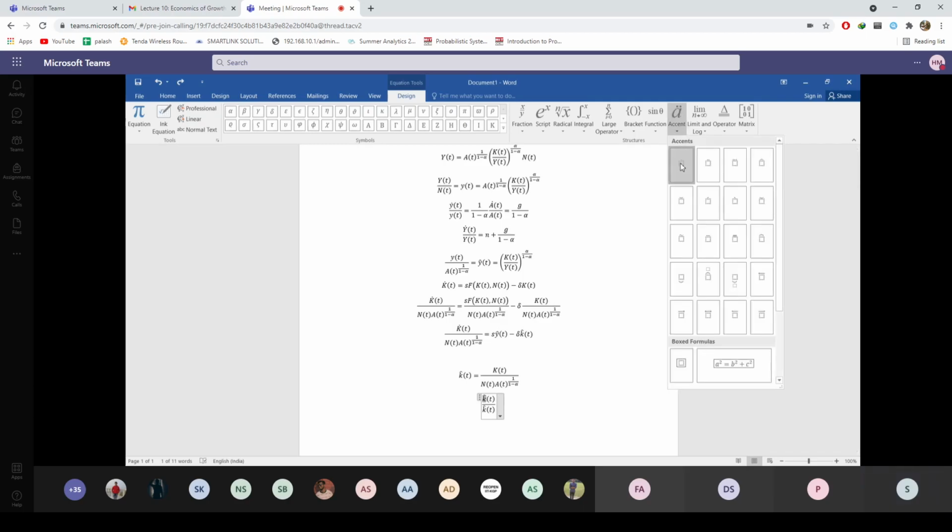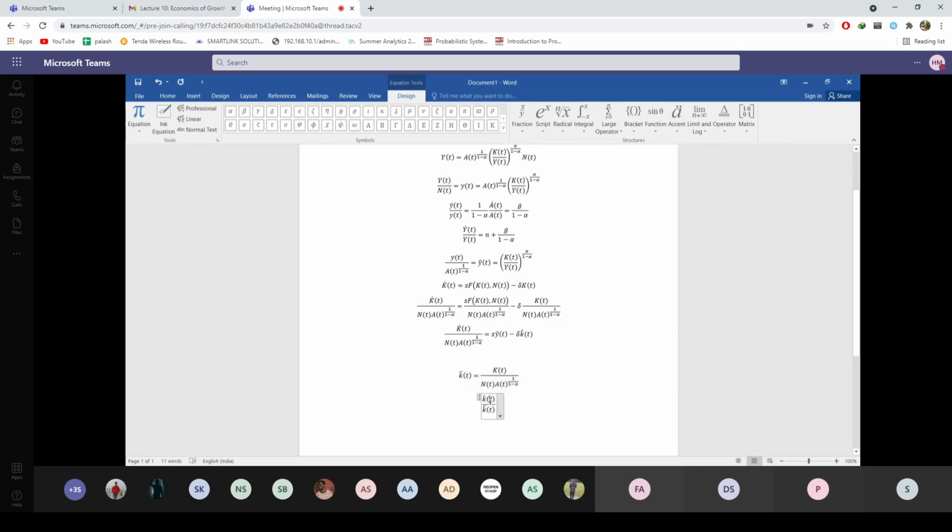Actually, it is k hat dot divided by k hat t, equals to, this term will be capital K dot t divided by capital K_t, then minus n minus g divided by 1 minus alpha.